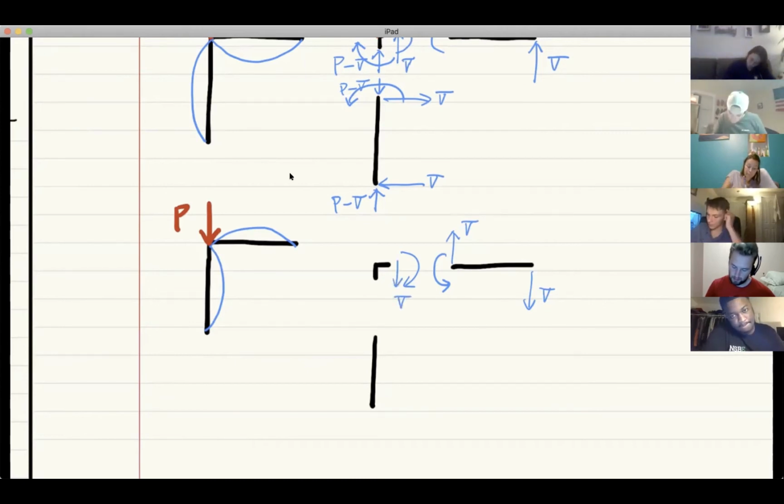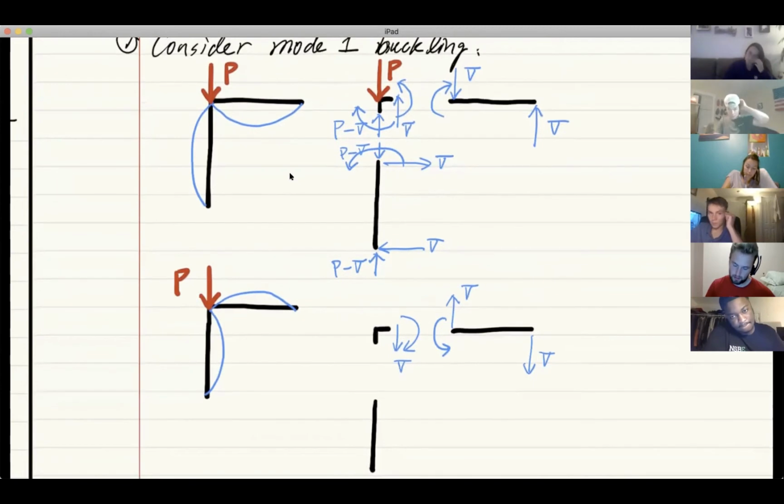Now, because we always have this force P here, the same question, if I can ask you again, what is the reaction at this point? It's no longer P minus V. P plus V? Good. It's going to be P plus V.